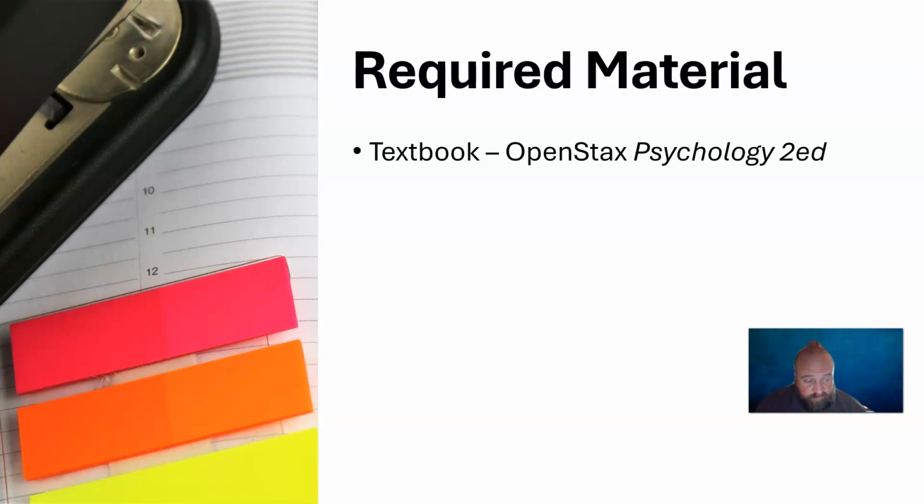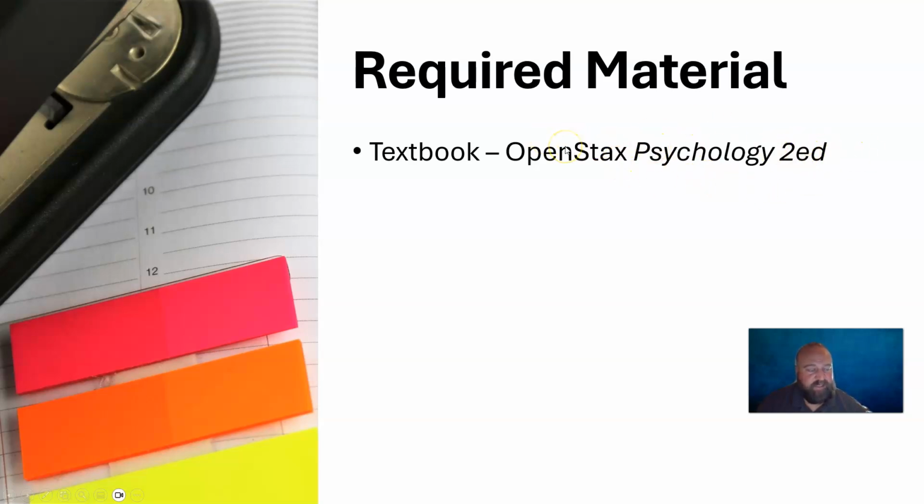As far as required material, right? Textbooks, things like that. What's needed, what's required, how much do you have to spend? Well, I have some good news for you. As far as the textbook goes, I make a point of having the textbooks I use be free open resource books. So these are things that you can find online. The book that we're going to be using for this course is through a website called openstax.org. And it's Psychology 2nd edition.